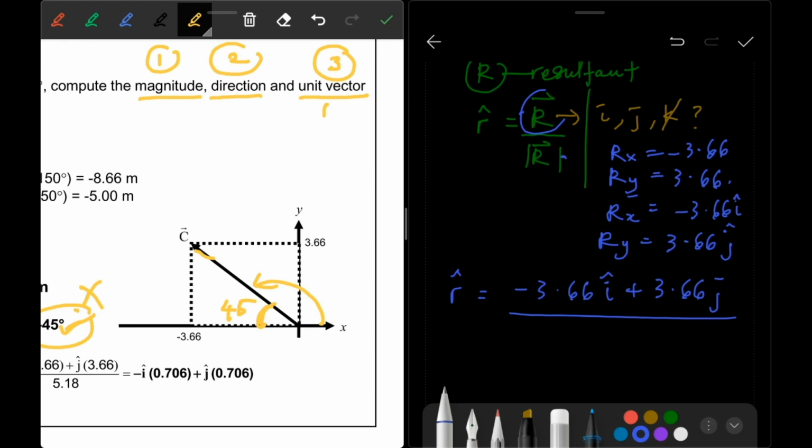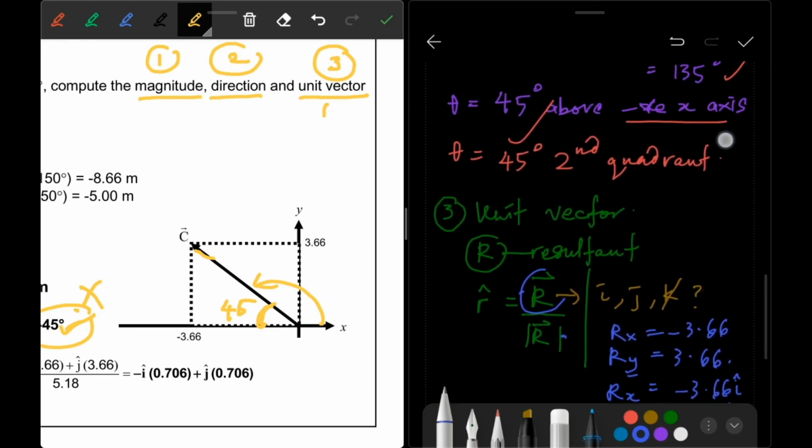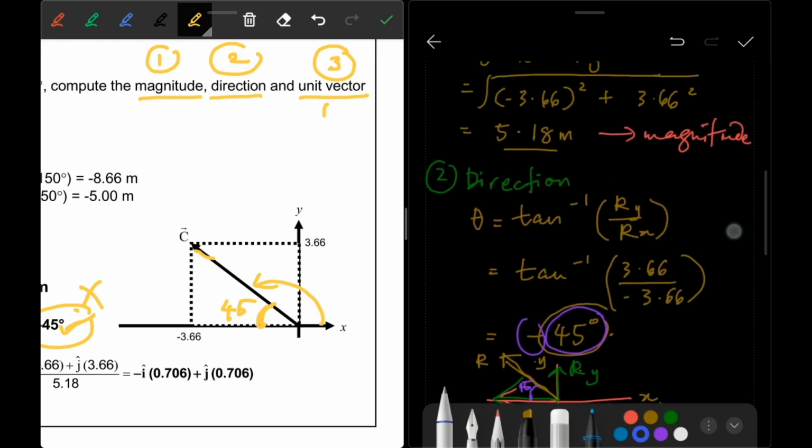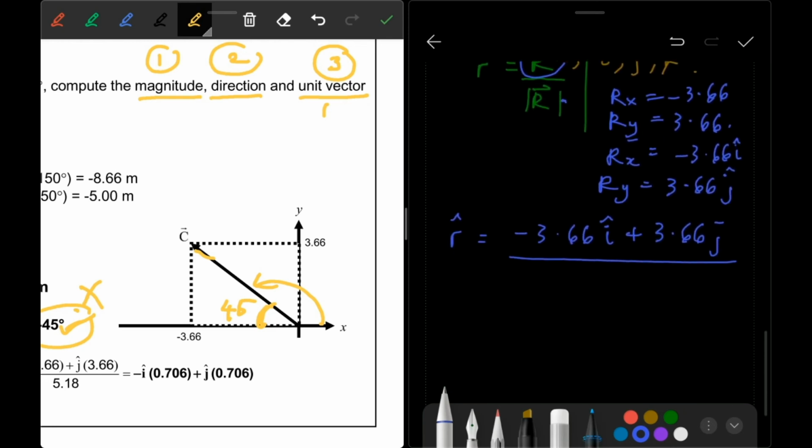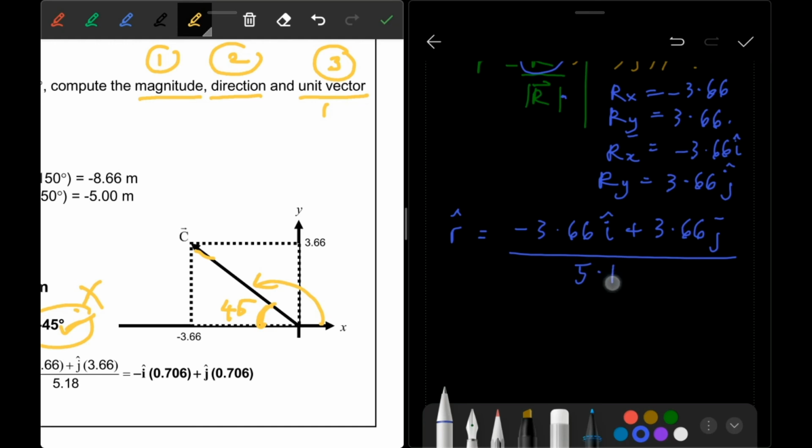What is the magnitude of R? The magnitude of R is this one, 5.18. So here divide by 5.18. Just take the calculator: 3.66 divided by 5.18, and 3.66 divided by 5.18.